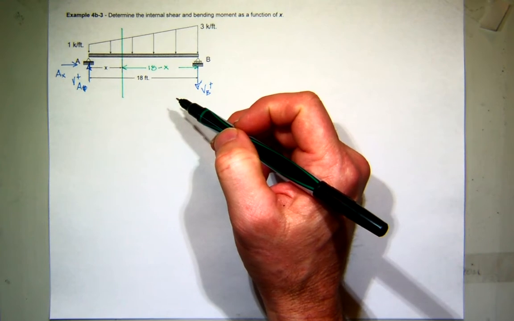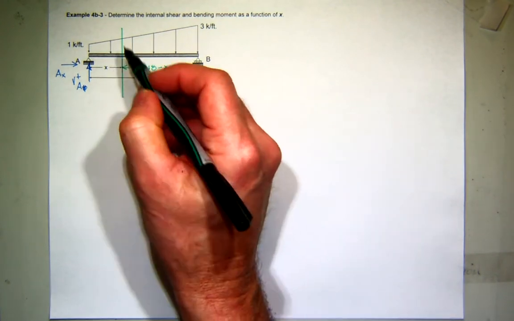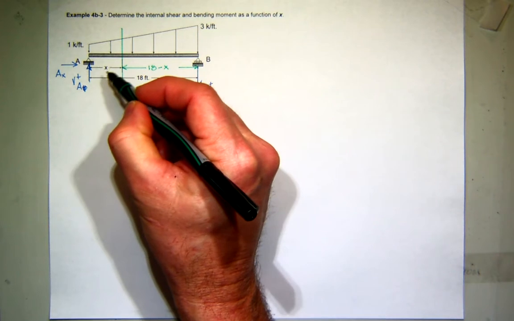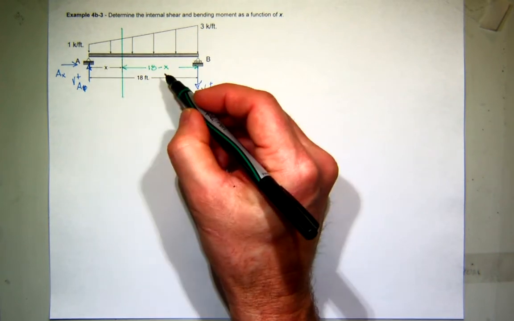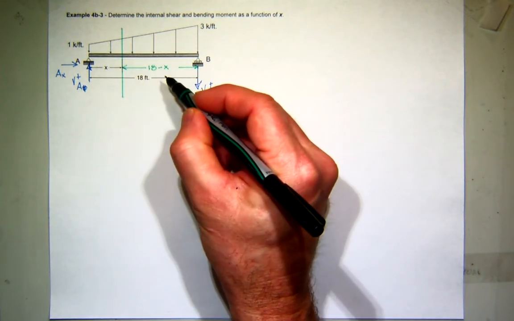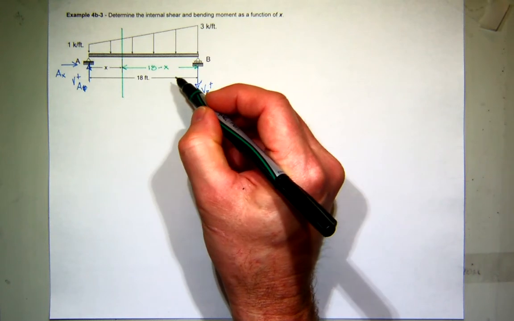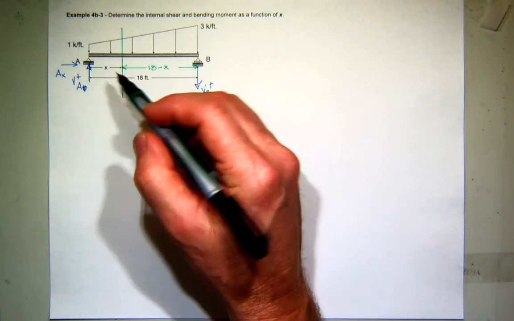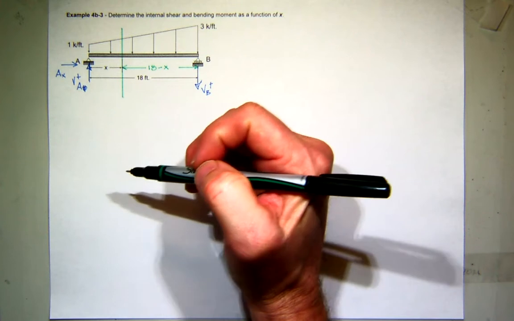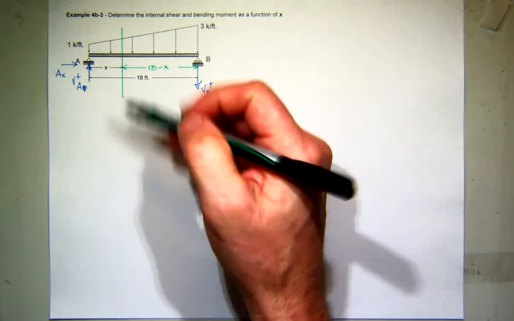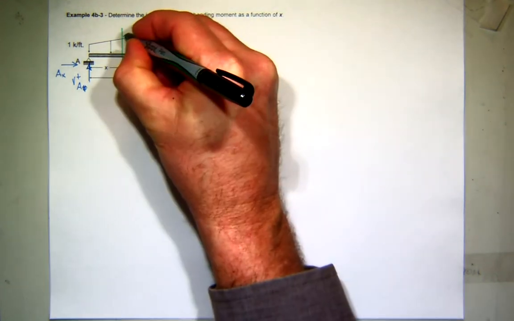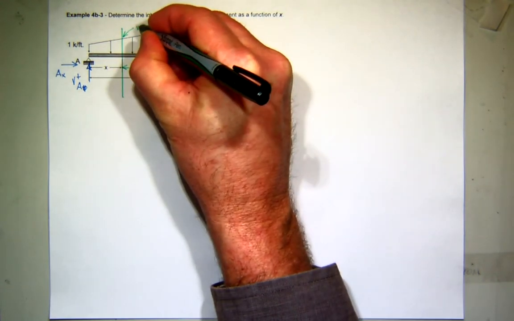So I don't really see a huge difference, except that all my work on this side will be in terms of x. All my work on the right-hand side will be in terms of 18 minus x. So that would just be a little more tedious and cumbersome to carry around. So I think I'm going to go to the left side. In either case, I'm going to need to know what the value of the load is right there.